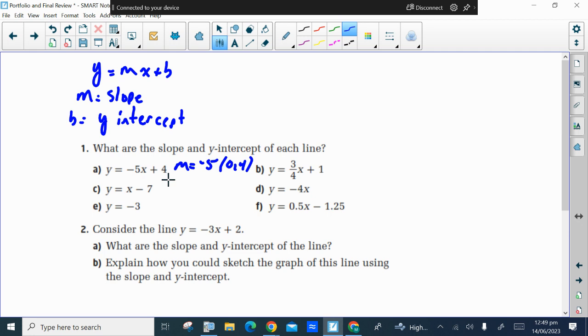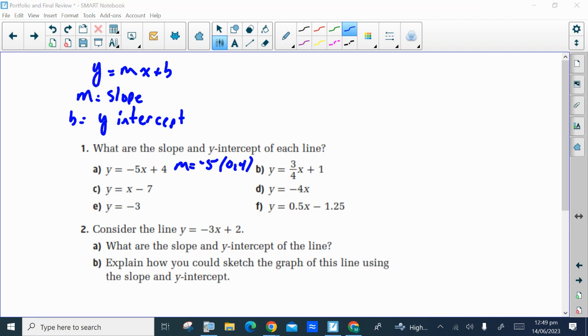And remember, the y-intercept is always where x is 0. So that's why it's 0, 4. The second equation is in slope-intercept form. So m, our slope, is the number in front of x, which is 3/4. Our y-intercept is +1, which is always where x is 0, so it's the point 0, 1.